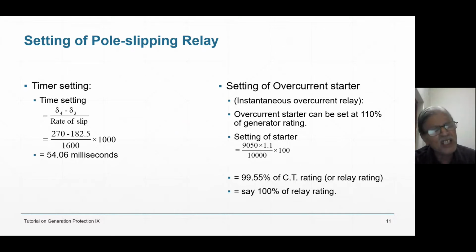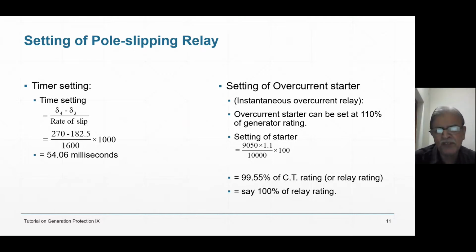So you will have to set the directional relay characteristic, the angle you have to tell, the blinder you have to plot, the angle you have to tell, the negative resistance reach you have to tell, the timer setting, and you have to set the overcurrent starter. Usually we set it at 110% of the rated current, because it should take 110% continuously. So that is 99.5%.